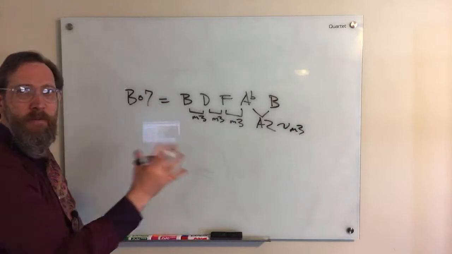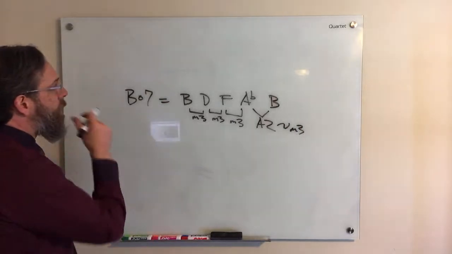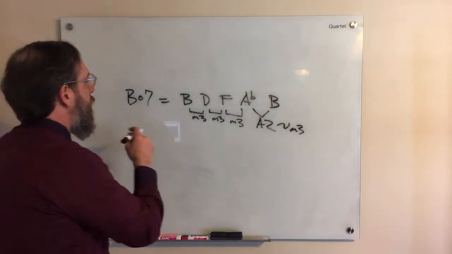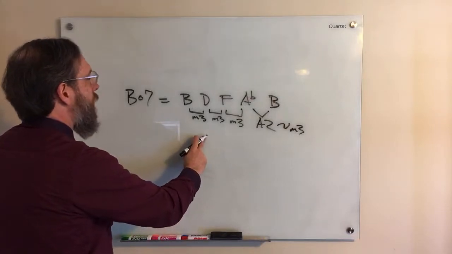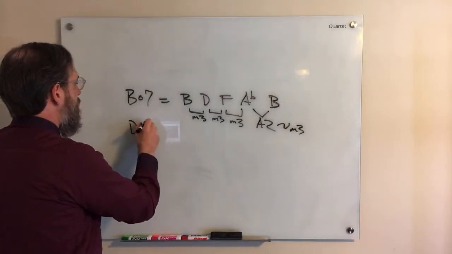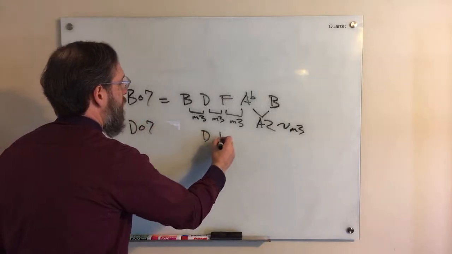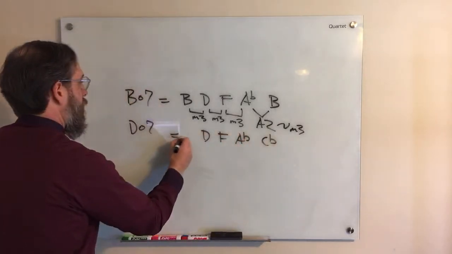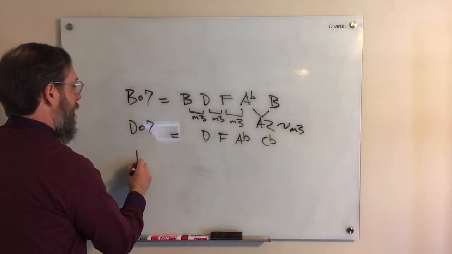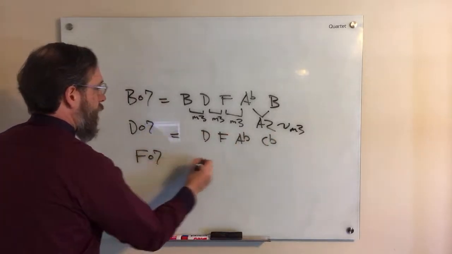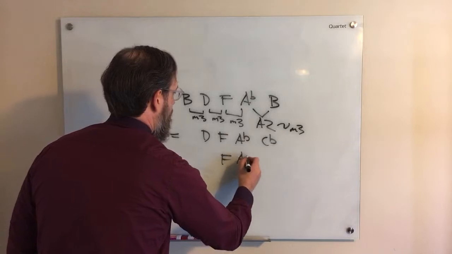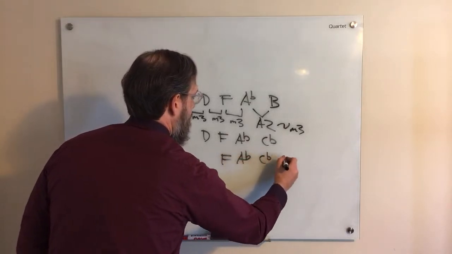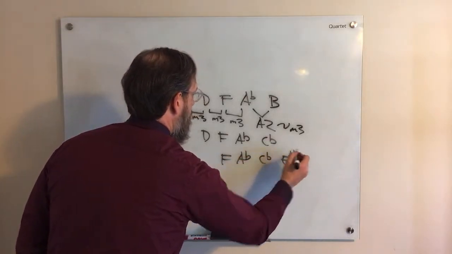And so it has this unusual structure. Because of that, you can rewrite it to be a D diminished 7, which would be D, F, A flat, C flat. You can rewrite it to be an F diminished 7, which would be F, A flat, C flat, E double flat.